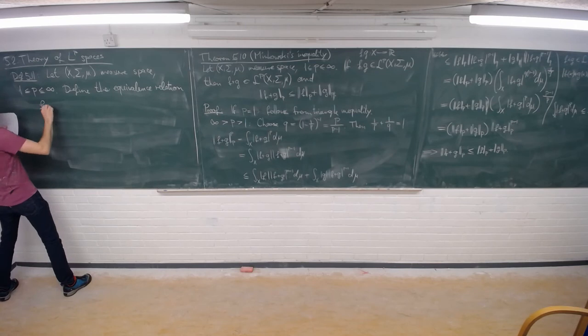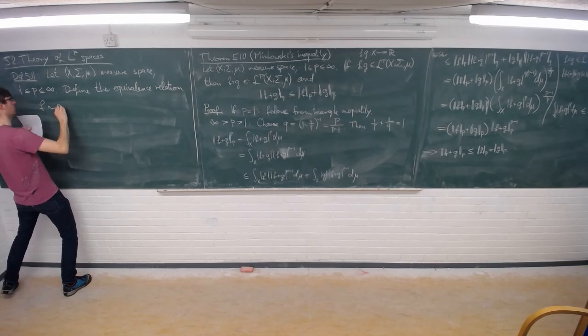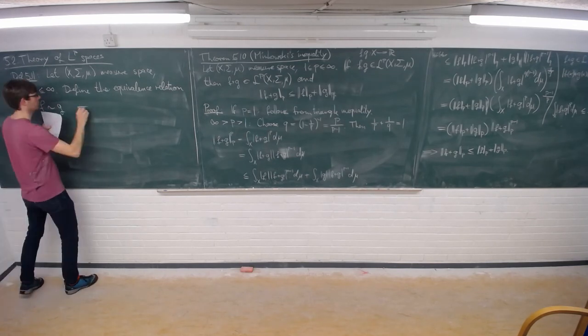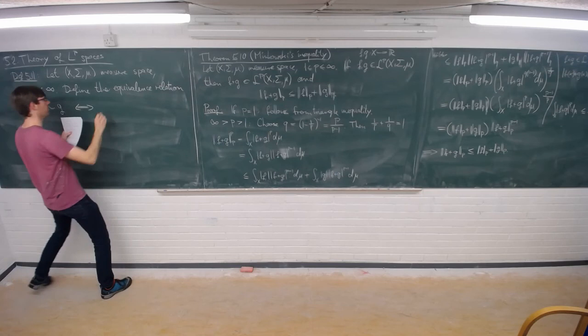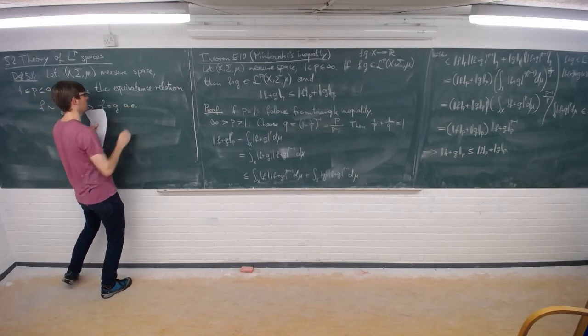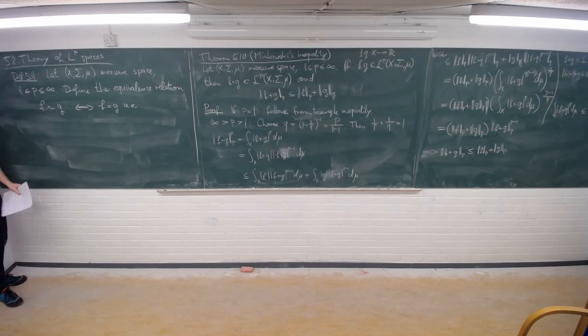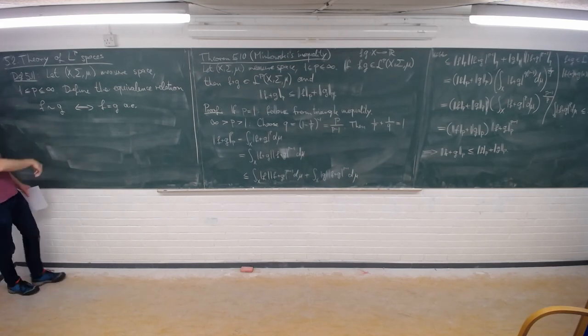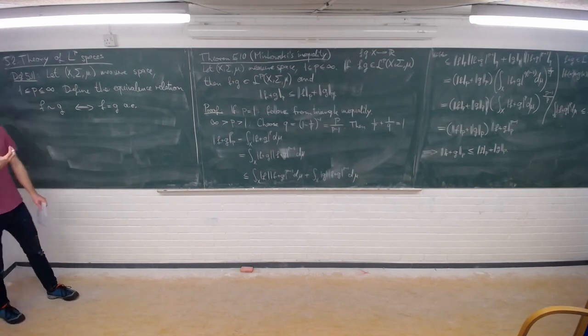Defined as follows: f is equivalent to g if and only if f is equal to g almost everywhere.